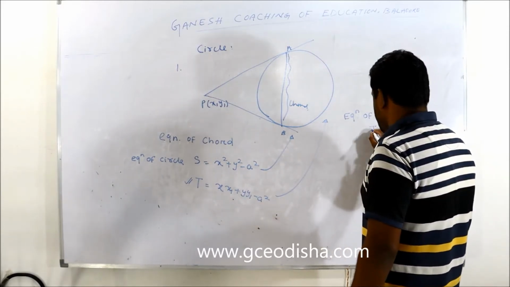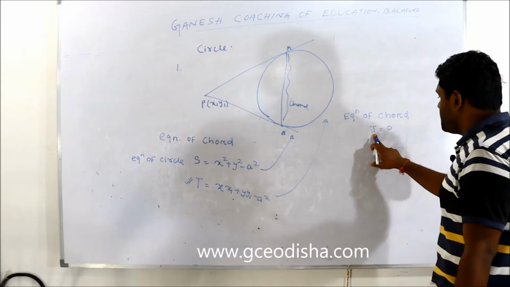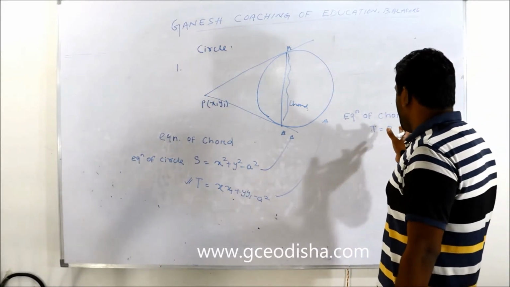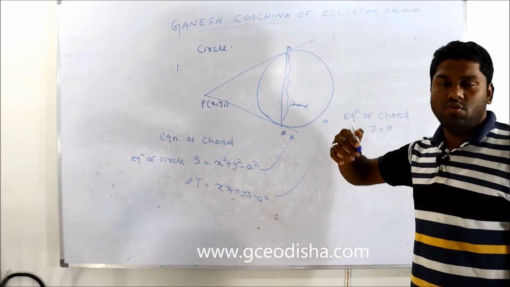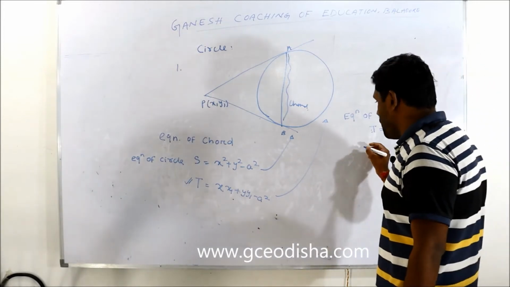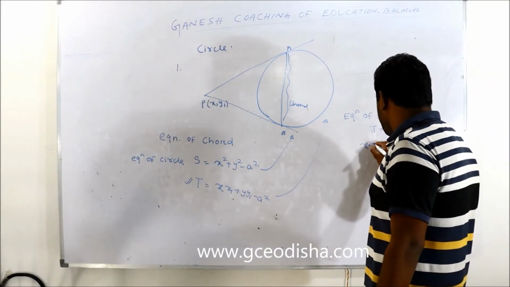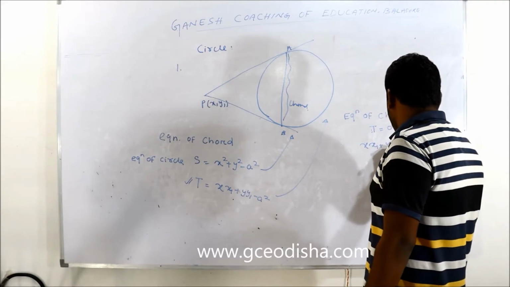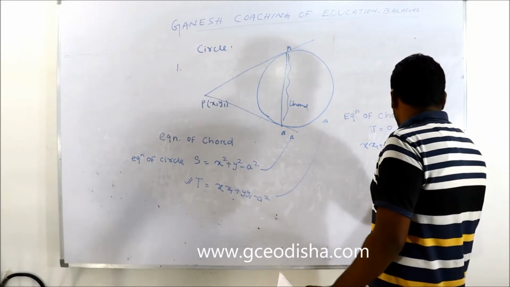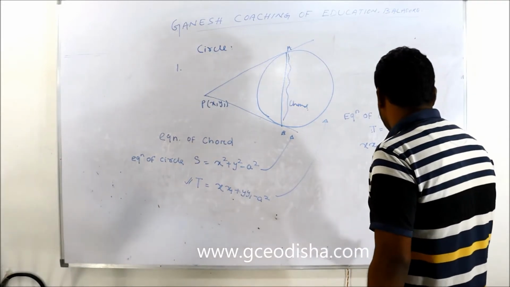T is equal to 0. What is T? T is the equation of the tangent. When the equation of the tangent is equal to 0, then we get the equation of the chord. Okay, and what will be the equation of the chord? xx1 plus yy1 minus a square is equal to 0.